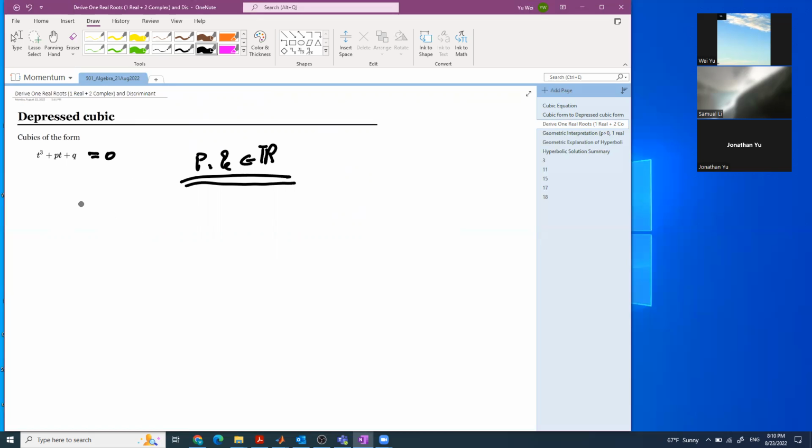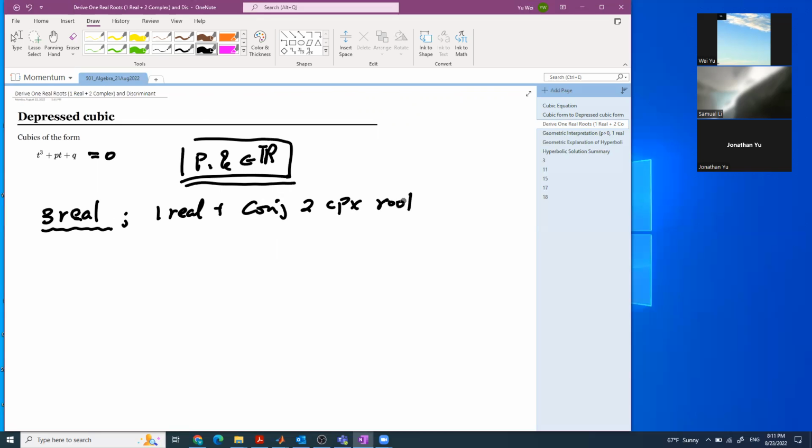We can have either all 3 real, or 1 real and 2 complex. And the 2 complex roots are what? Conjugates. Complex conjugate roots.